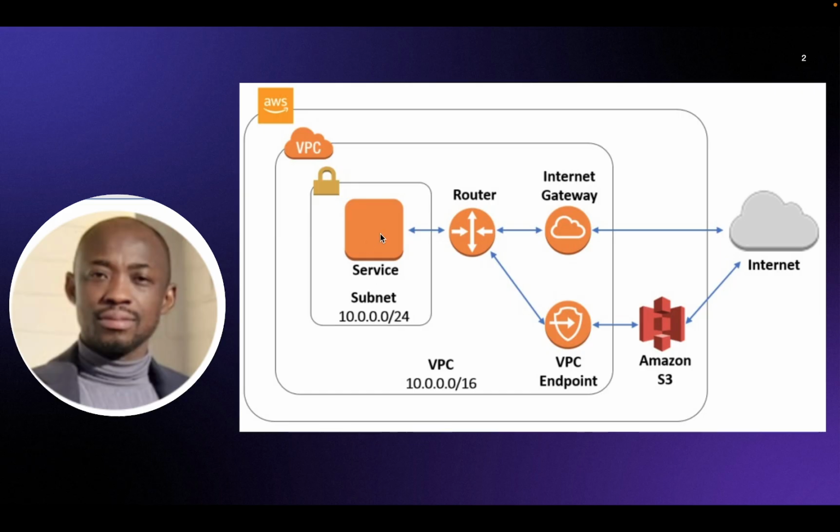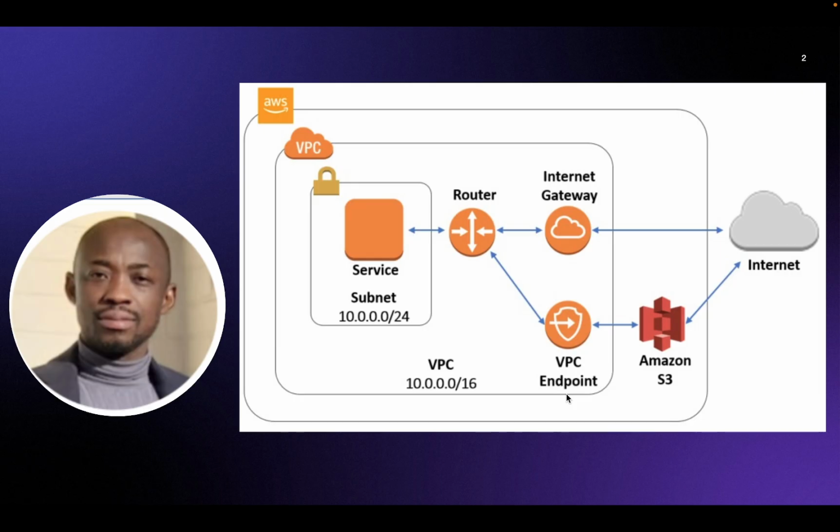With the endpoint, you stay within your VPC, you create an endpoint which will establish a private IP, or what we call a private route. You can access your S3 or any other AWS resources that support VPC endpoint or PrivateLink. So that is the idea. You want to access your resources privately without going over the internet. You leverage VPC endpoint.